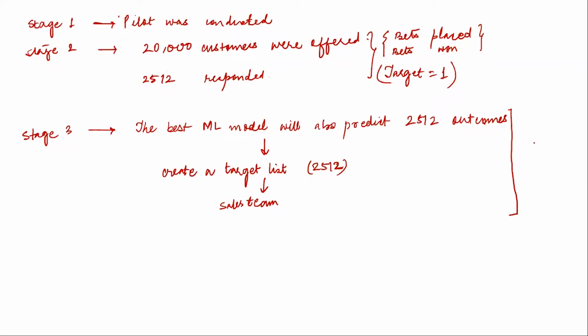So this is the issue with dot predict. Dot predict will narrow down the target list to an unrealistic size.